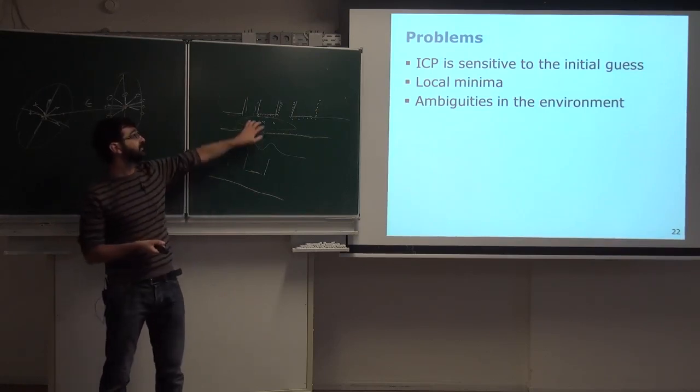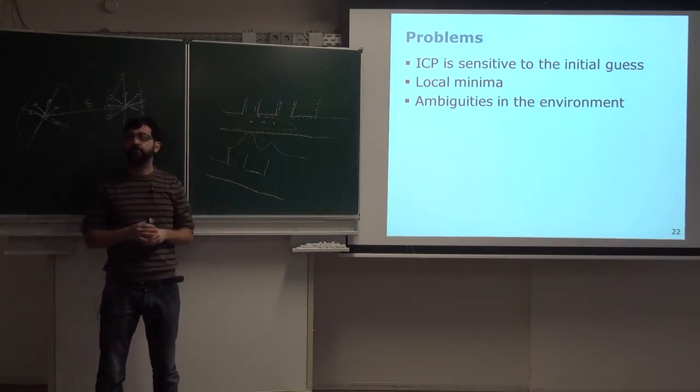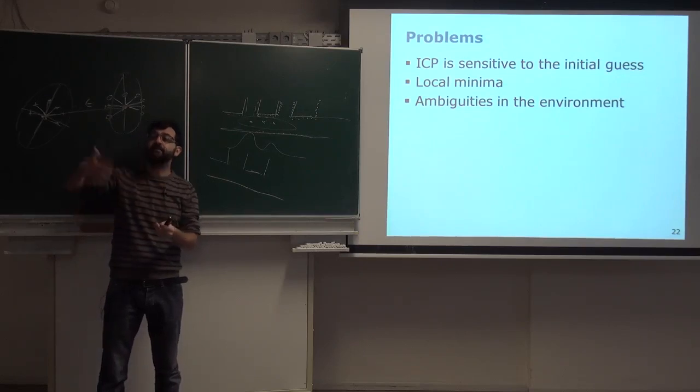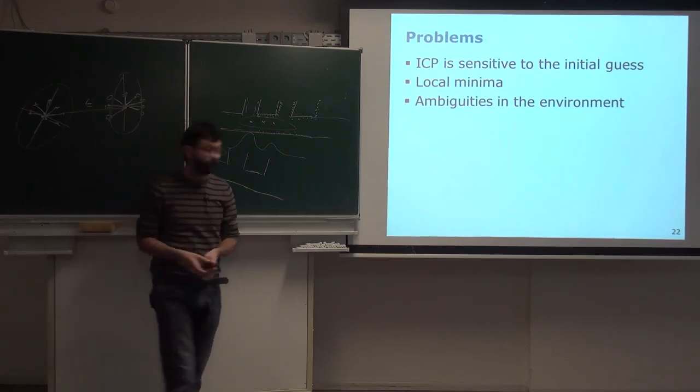One way of solving it is to do some sampling around there, so you will get something better, but you increase time complexity because you need to run several ICP routines in parallel or one after each other to get one single solution.